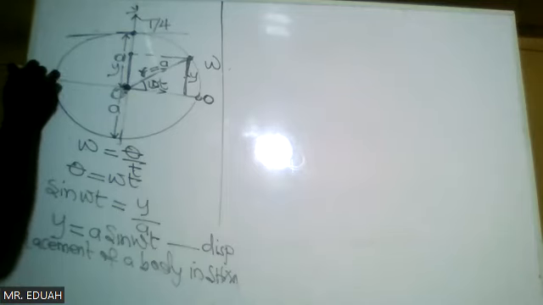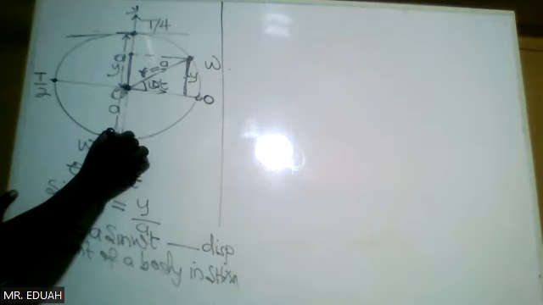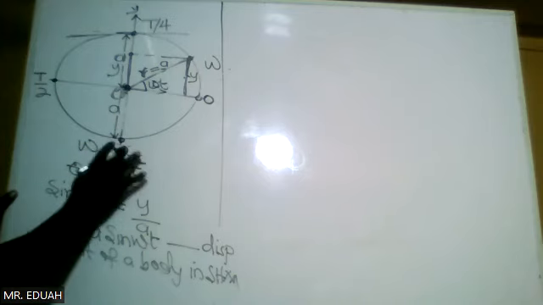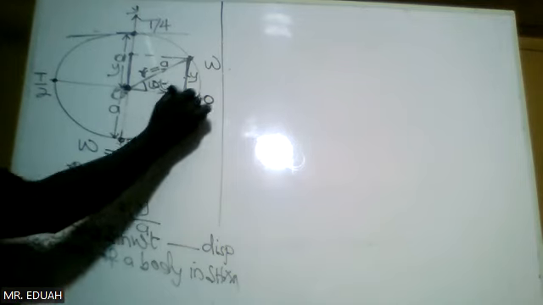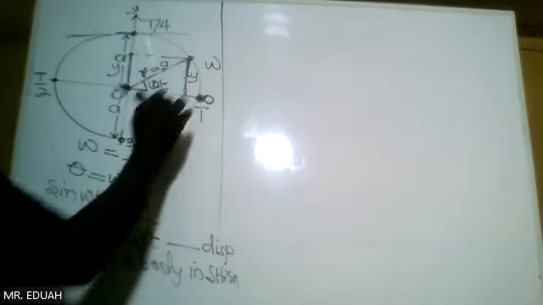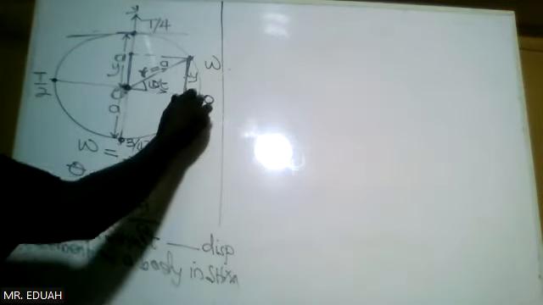This is half of the period, and this point is 3/4 of the period. And when it comes back, it is equal to T. So one complete oscillation takes the period.